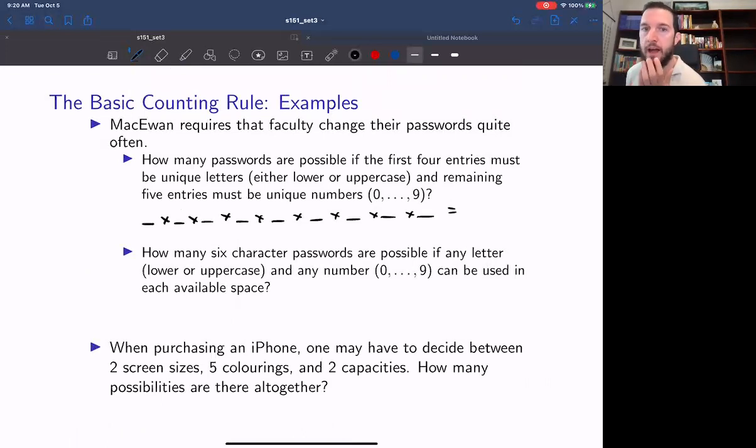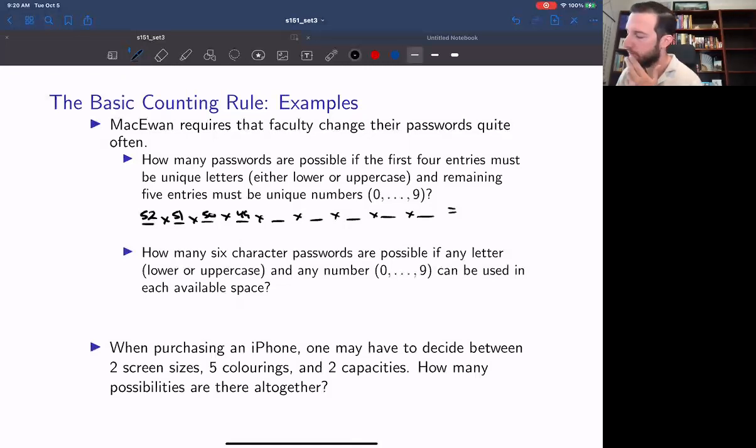Okay, so the first action is choosing a letter, lower or uppercase. There's 26 letters in the alphabet. If you consider cases, we now have 26 lowercase, 26 uppercase. That gives us 52 options. We then have 51 options, 50, 49, because we have to have a unique letter in the first 4 slots.